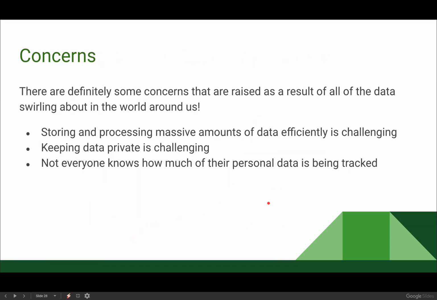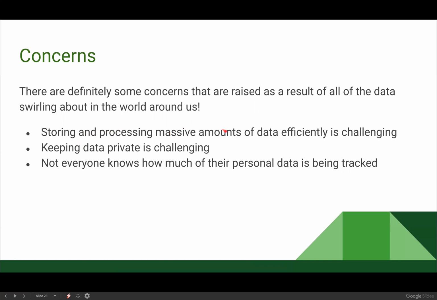And while having access to all this data and all these tools is awesome, there are definitely some concerns that are raised as a result of all of the data being collected and swirling around the world around us. So one of the problems that we are faced with is that storing and processing huge amounts of data is challenging.